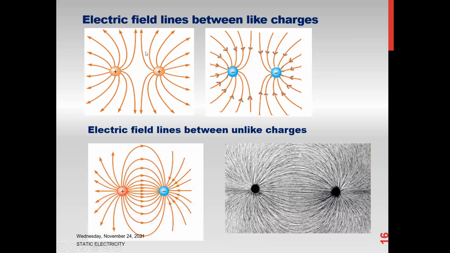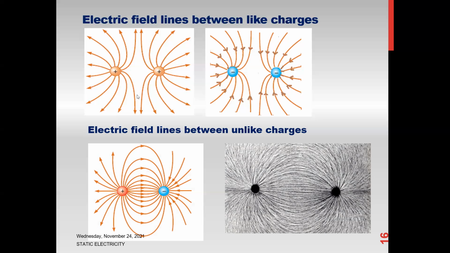And if we have unlike, opposite charges, the field lines will be around them, and it is always from positive to negative. Distance between the field lines shows the strength. As you can see, here the field lines are closer, but at this point the field lines have a greater distance. So when the lines are closer, this is a stronger field, and away from that, it is a weaker field.